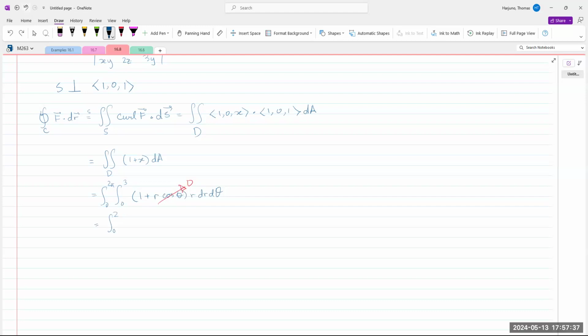Maybe I write it this way. It's the double integral over D of 1 dA. That's the area of D, which is 9 pi. Okay, that's question number 10.